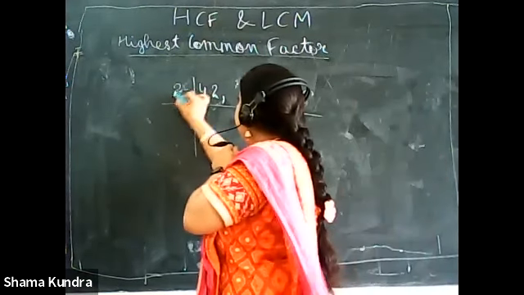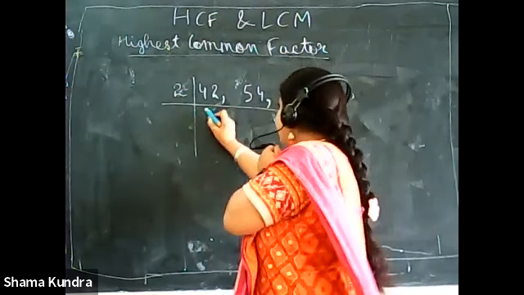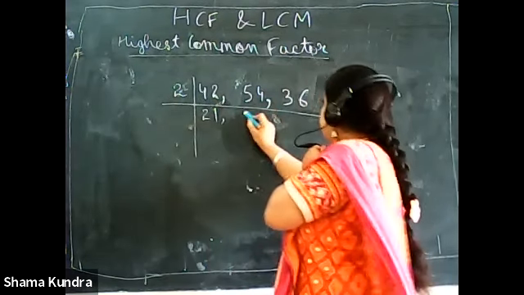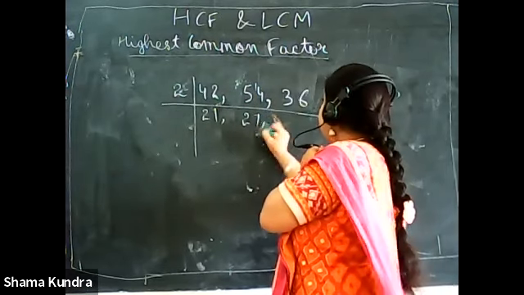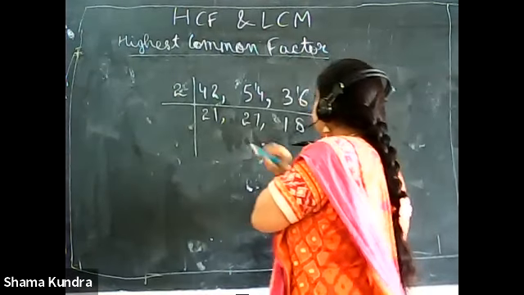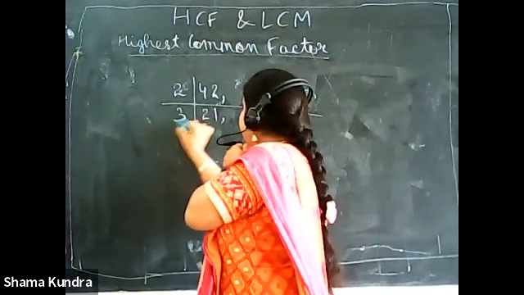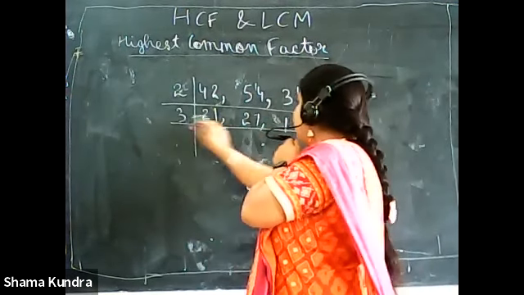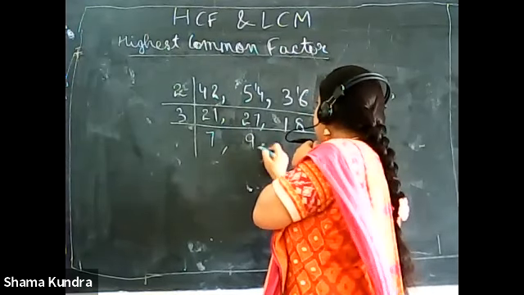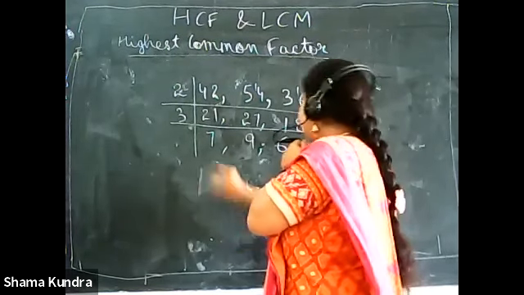First of all, divide by 2: 2 twos are 4, 2 sevens are 14, and 2 ones are 2, and 2 fours are 8. Now divide by 3, as 3 can divide all these three numbers: 3 sevens are 21, 3 threes are 9, and 3 twos are 6.